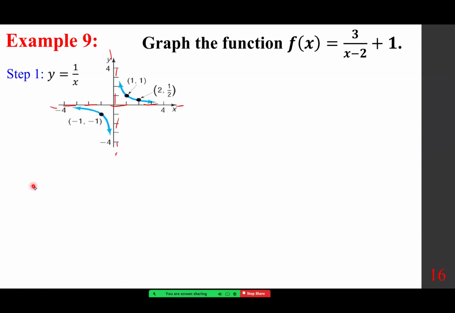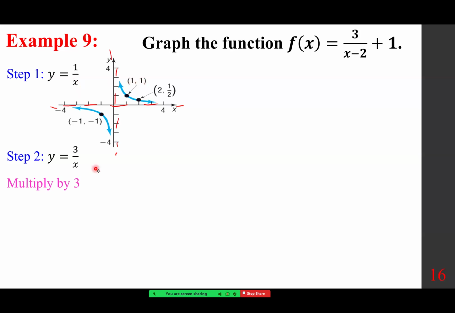So we are going to go with a couple of transformations. I see 3, so I'm going to write it 3 over x, and that means you multiply this one by 3, right? So what are you doing? You are keeping the x coordinate, but you're multiplying the y coordinate by 3.